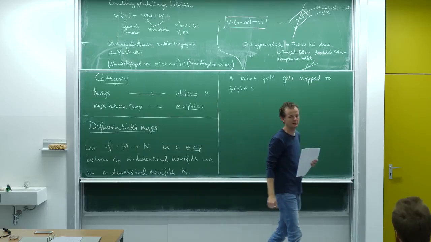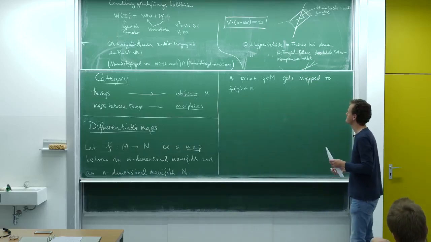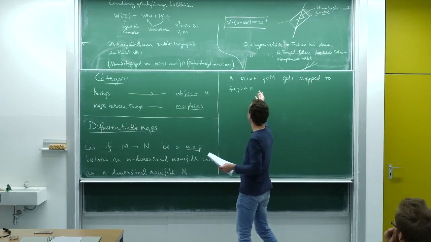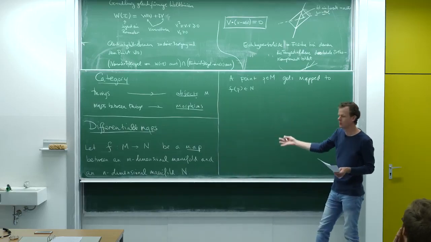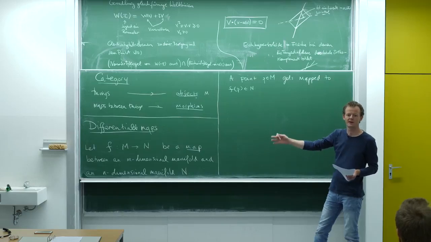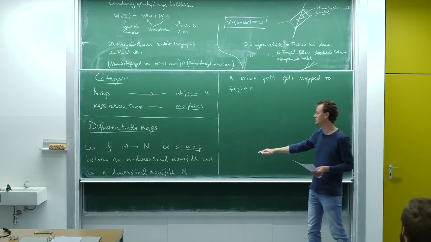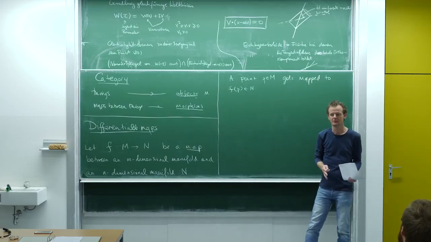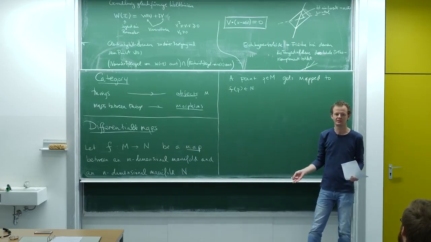Okay, a point in M gets mapped to N. Now, if we left it at that, there's not much more we can say. We're going to have to exploit the fact that we know more about these things called manifolds, namely that they look locally like flat space. And that'll allow us to say things about differentiability.